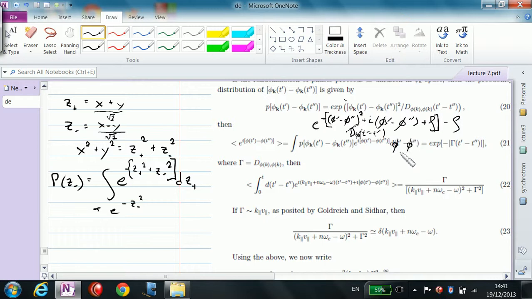This is an integral over phi. If you figure out what this zeta is, you'll find that this integral is equal to this.